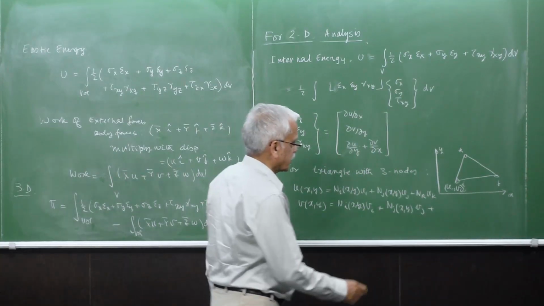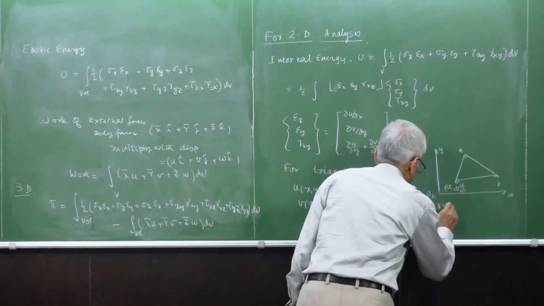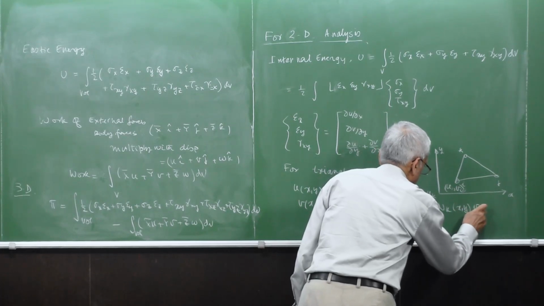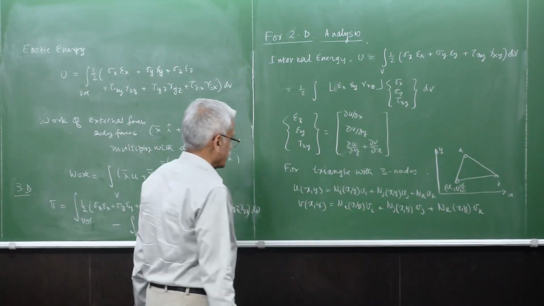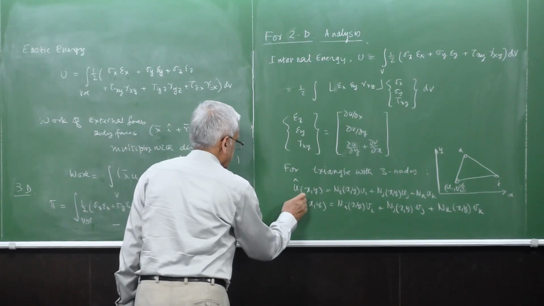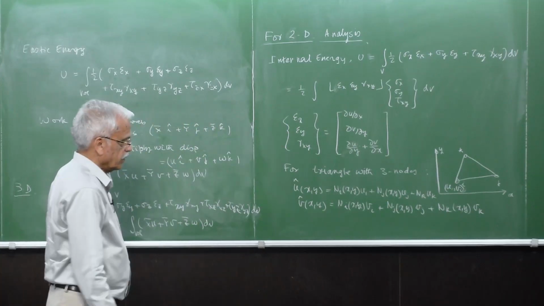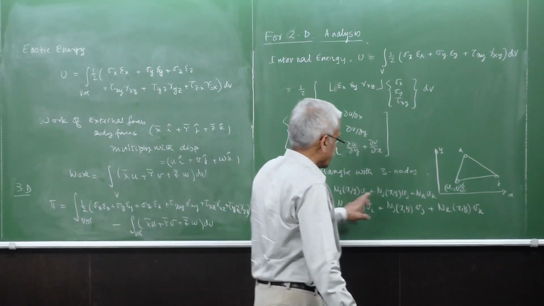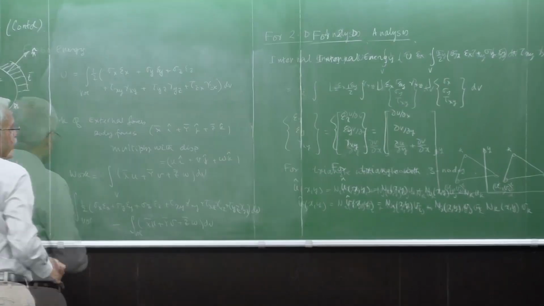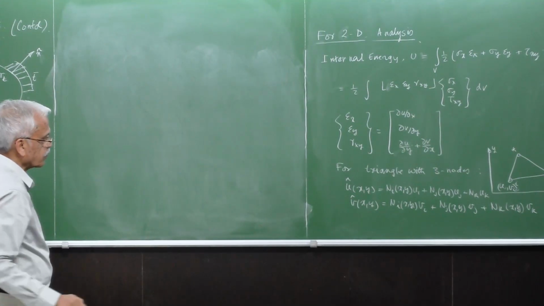So shape functions multiplied by the nodal values. Okay, so this is the important part. So the u and v here are approximated by shape functions multiplied by the nodal values. Okay, so let's continue this one.